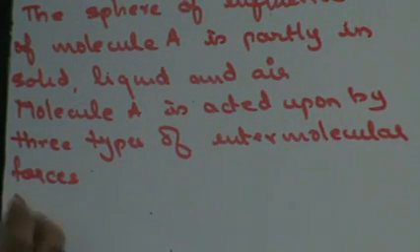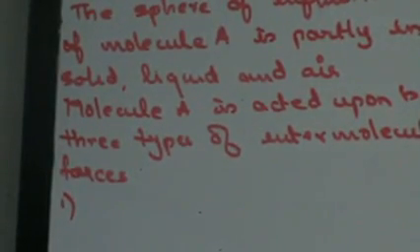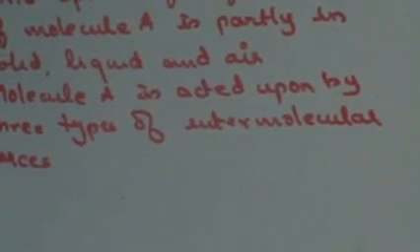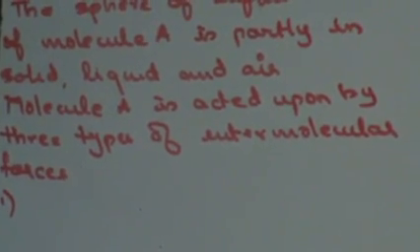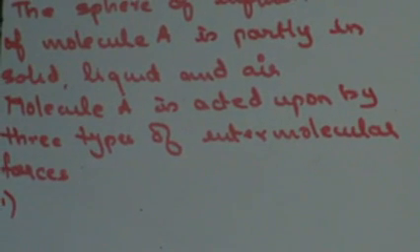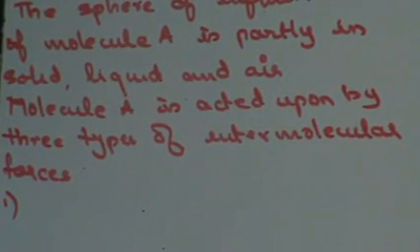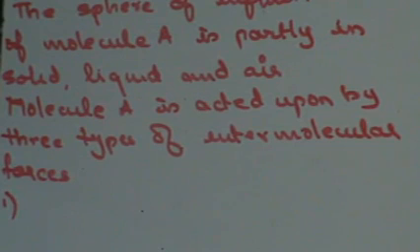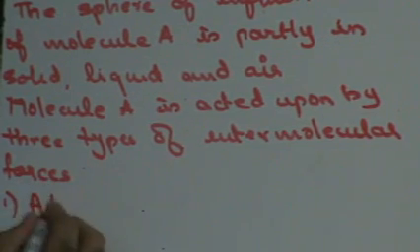First, there is going to be a force of attraction between molecules of solid and the molecules of liquid. Now we know that molecules of different substances attract each other. This force of attraction between molecules of different substances is called adhesive force. That means there is going to be some adhesive force between the molecules of solid and the molecules of liquid.